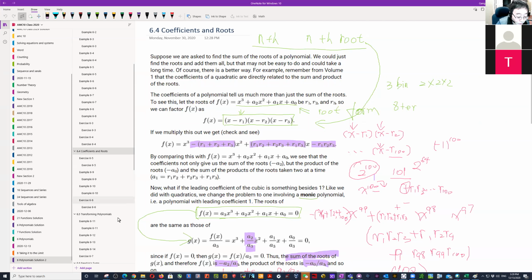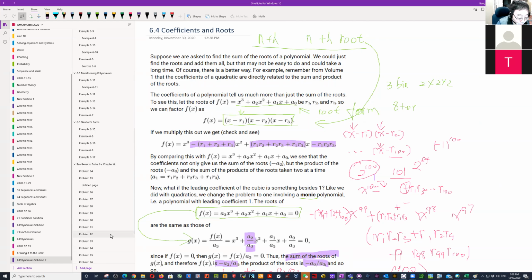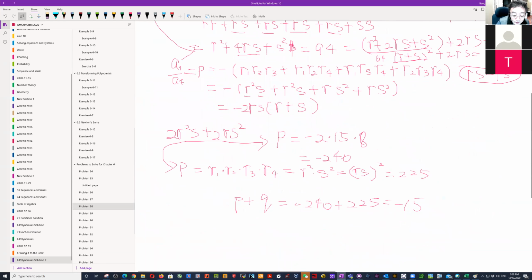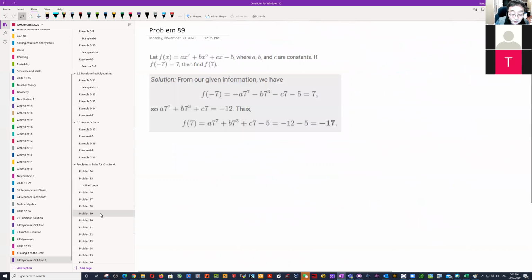In case you deal with a problem like problem number 88, how are you going to expand it, plug in, and relate them together to get the answer? It's not too easy, but you will get used to it with more exposure.